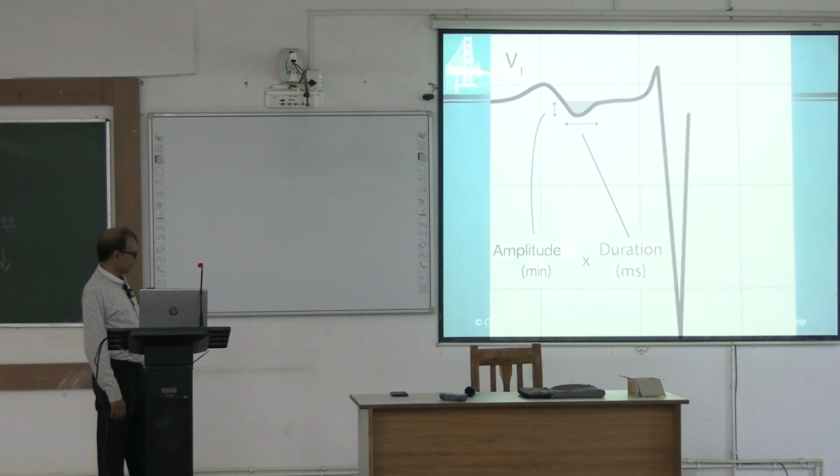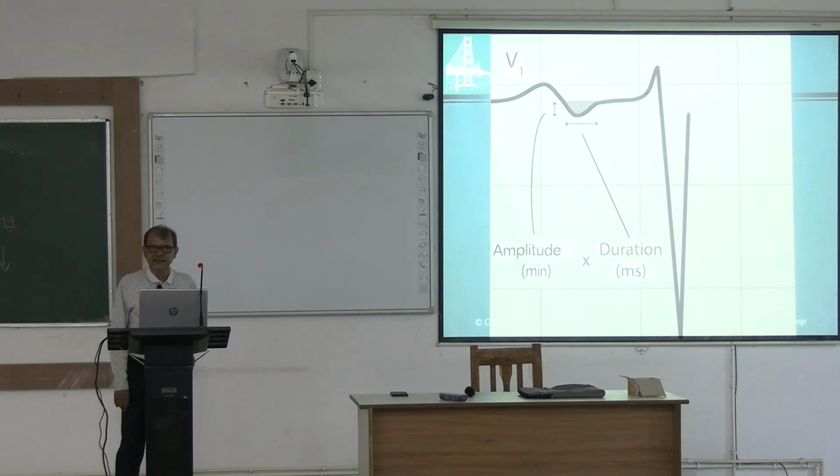This is the Morris's index. This is the depth of the negativity of the terminal portion of the P wave. This is the duration of the P wave. So the unit is millimeter milliseconds. Normal less than 0.04.